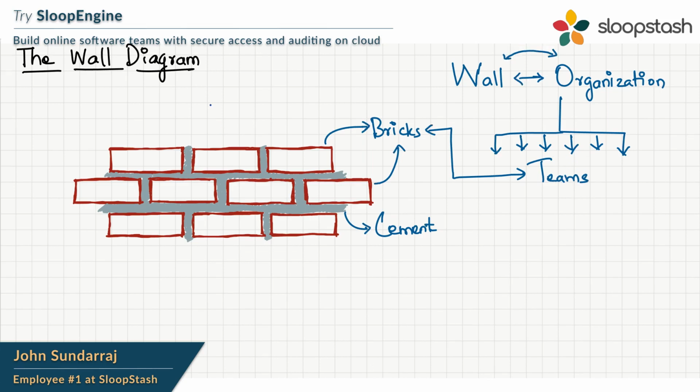Now let's try to list down the important teams available in the organization. First, it is the software development team. That is also called the dev team, and there will be a quality analysis team, and there will be a performance engineering team, and there will be an SRE team, and there will be a NOC team. You can also see a data engineering team, and you can see a support team.